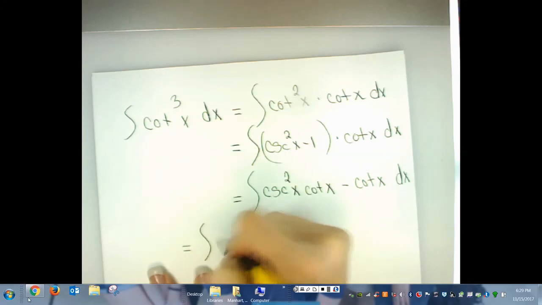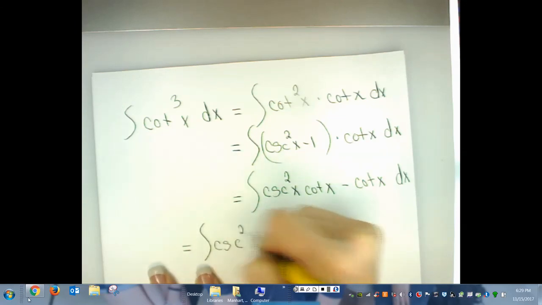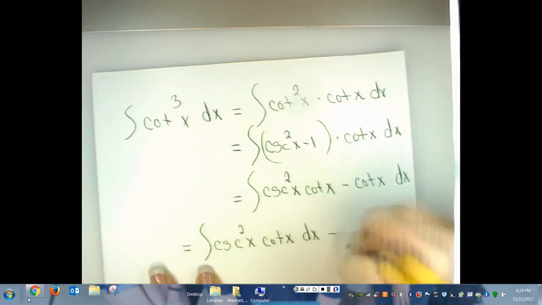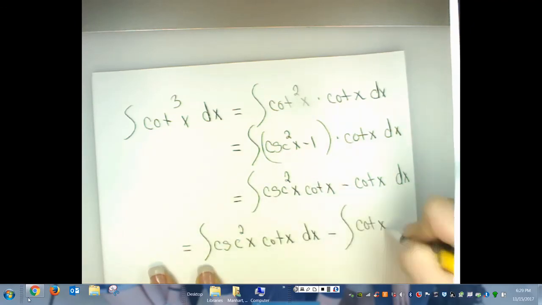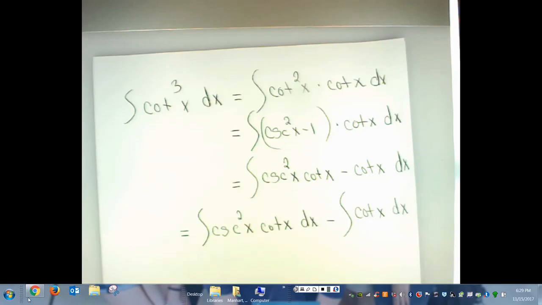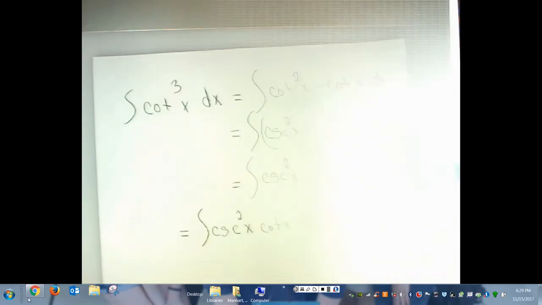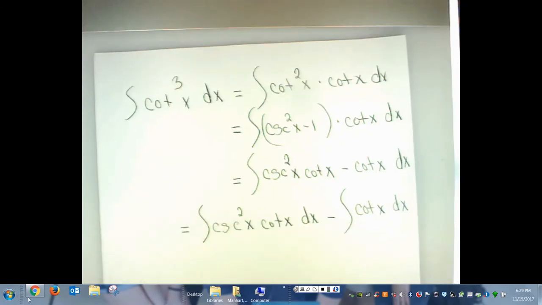Because I remember Miss Manhart told me that there's a blue box special for the antiderivative of cotangent x, which if I didn't already know the blue box special, I could make cotangent cosine of x over sine of x, and do some u sub to find the blue box special. But since there's already the proof of that, the antiderivative of cotangent turns out to be natural log absolute value of sine. So the one we really have to worry about is this one.